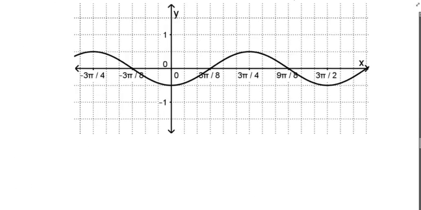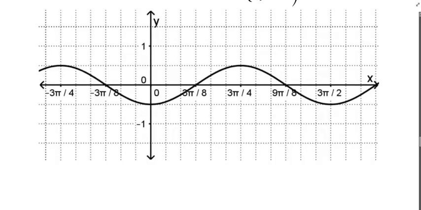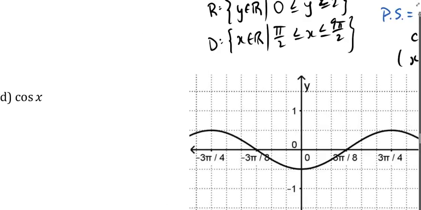All right, let's try one more. So this one's cosine.